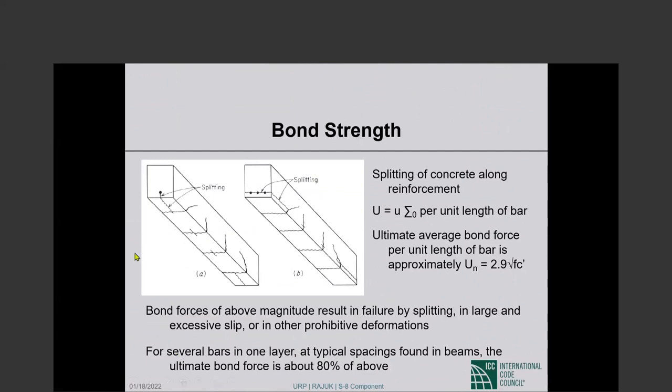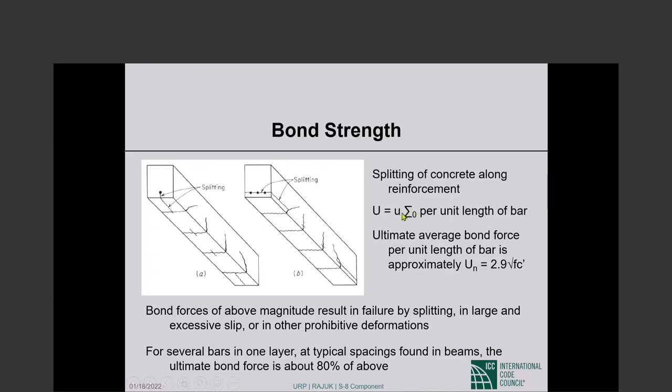Okay? Splitting can be in the vertical plane. Splitting can also be on the horizontal plane. Splitting quite often starts at the diagonal crack and then proceeds to the end. That is pretty usual.